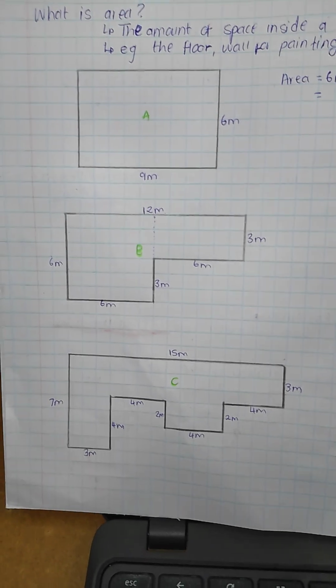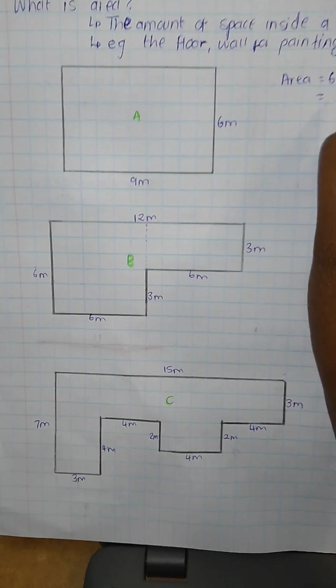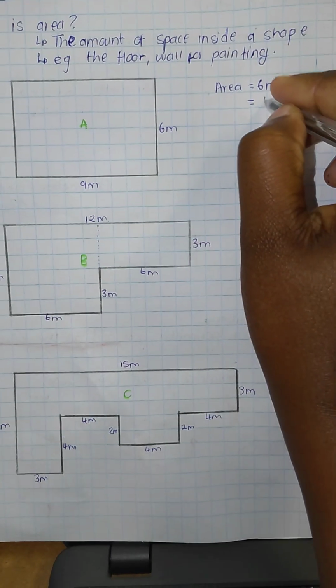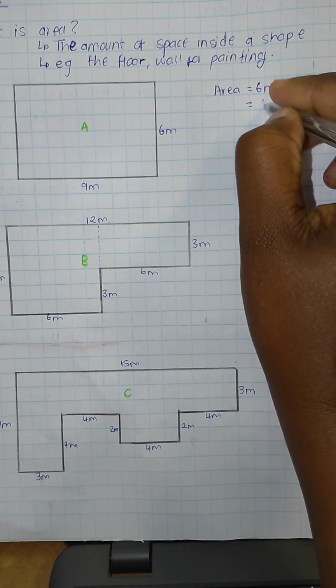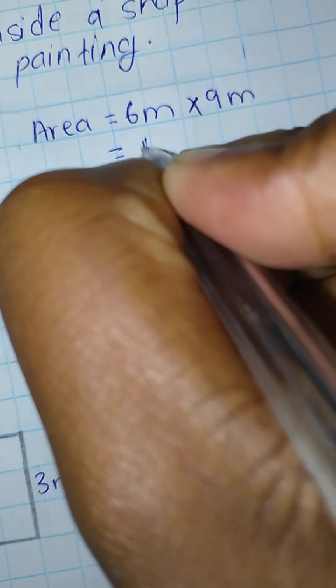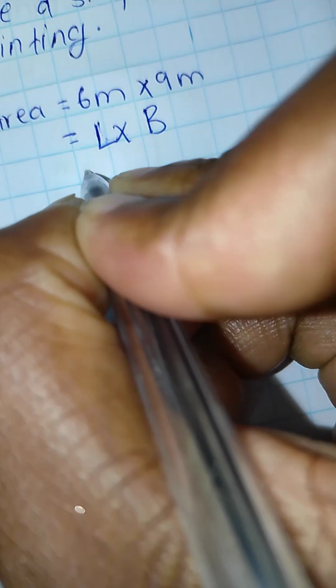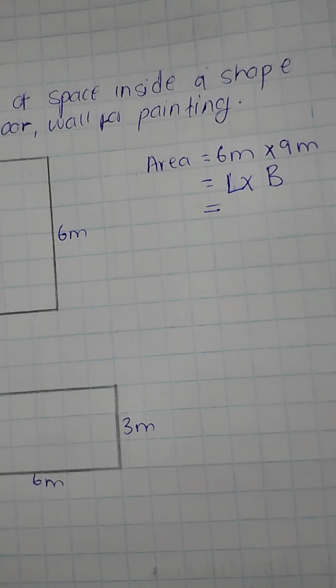When you measure area, it is length times breadth. I'm sorry, I'm writing it in the wrong space.